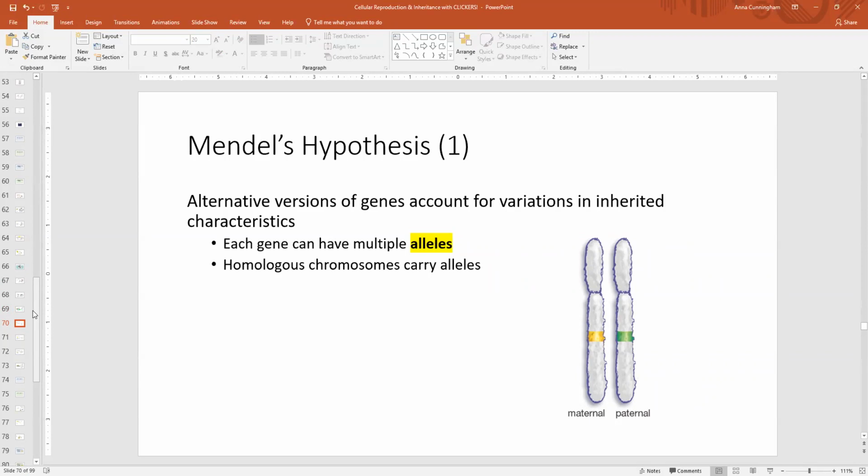The first of these we've already sort of talked about, and that is that Mendel found that basically every character had different versions. Just like we talked about, what we now understand is that this meant that every cell had different versions of the same gene.